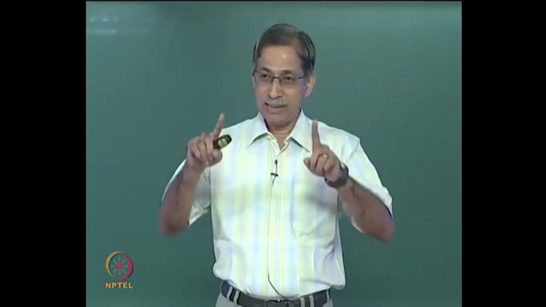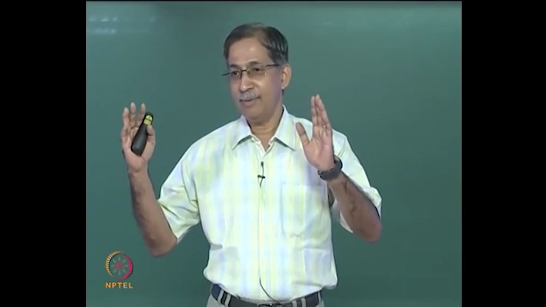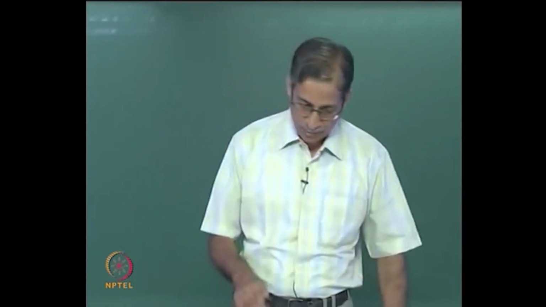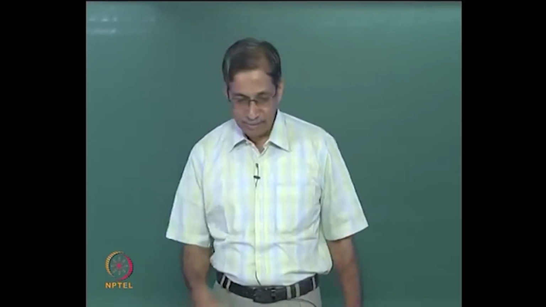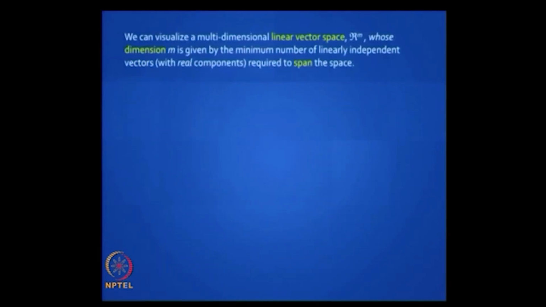But don't put a curly brace on a matrix of size m into n where n is not equal to 1, but you are allowed to put a square brace even for a vector. When you have something like this, some people call this also a vector, but it's actually the transpose of this that is a vector. So this is sometimes referred to as a row vector, but it's strictly not a vector.